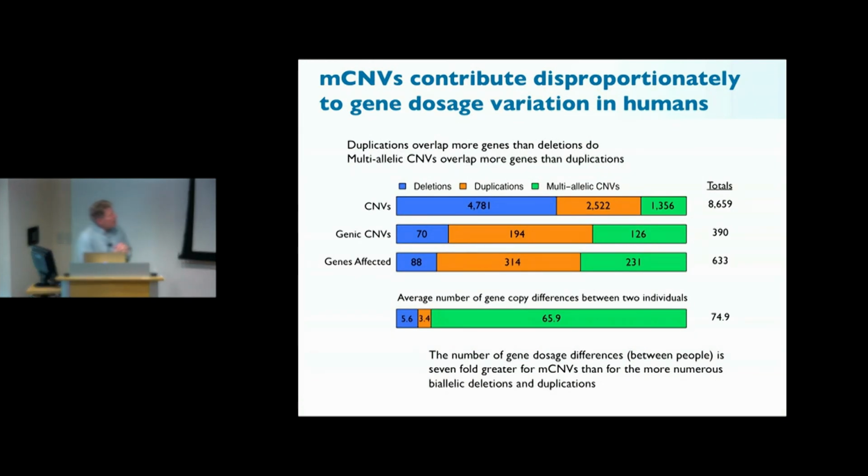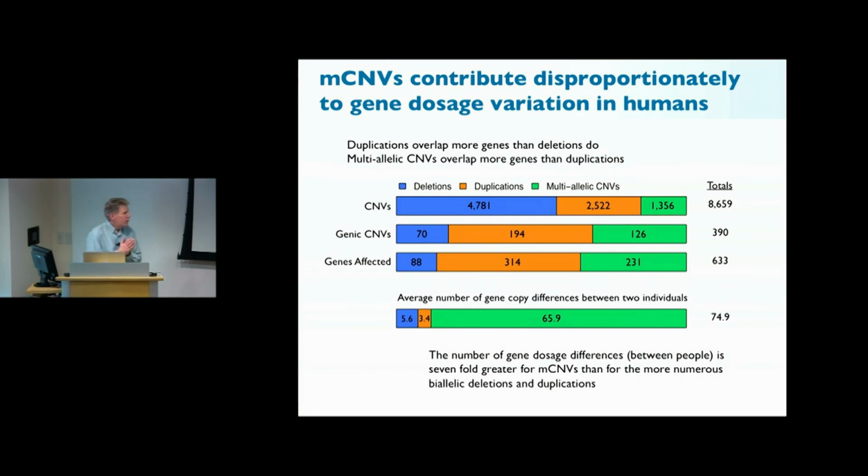When we did this study, we ascertained about 8,000 of these large CNVs, of which the multi-allelic ones were only a small fraction, like 10 or 15%. But even though they were a small fraction, they were disproportionately found to contain genes.